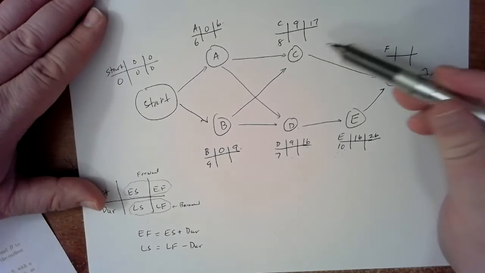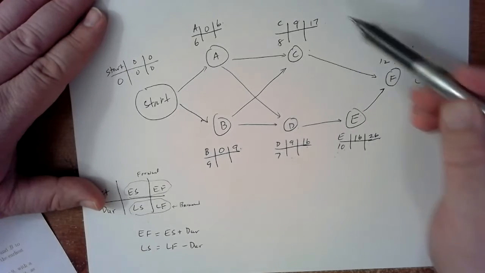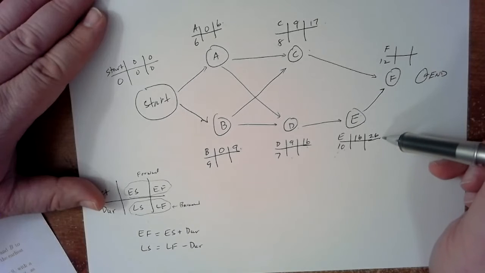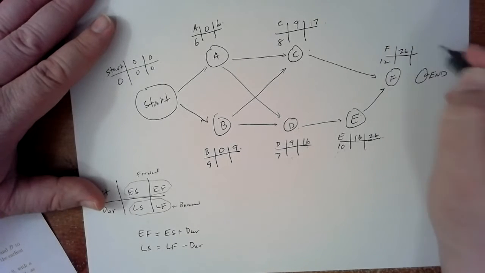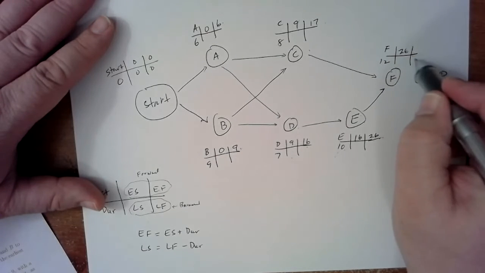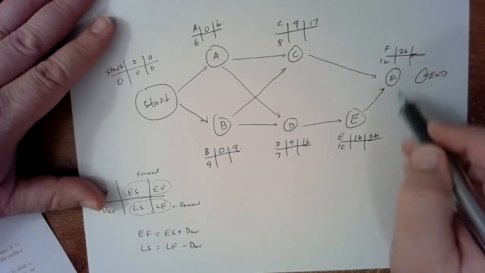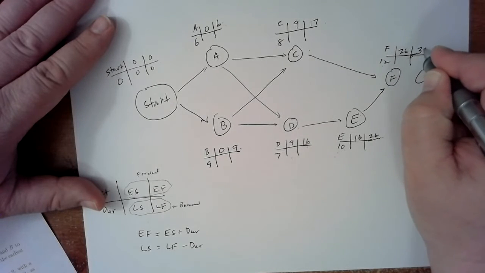F has to wait for both C and E. So C can be finished at time 17, but E is waiting until time 26. So therefore, F is going to have to wait till time 26. Good. And then what's the earliest finish time for activity F? It would be 26 plus 12. So that would be 38.